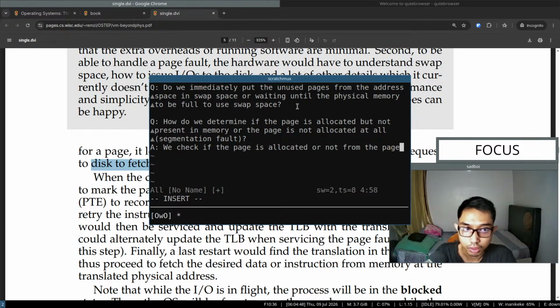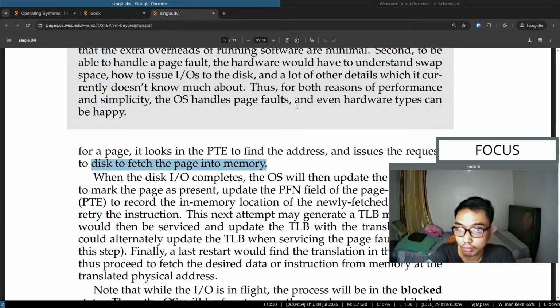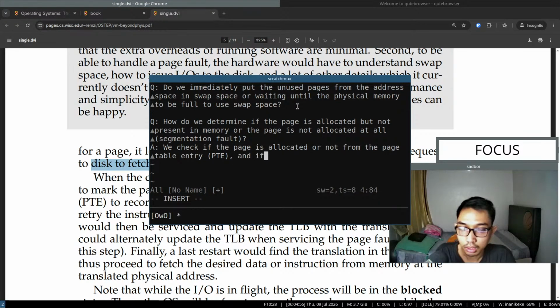If the page table entry has a page frame number, it means that the page is allocated.